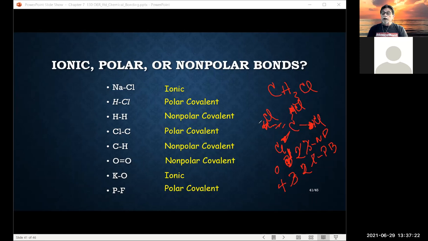You would think, okay, I have 4 polar bonds, so the molecule is definitely polar overall. However, because of the geometry and tetrahedral position, those 4 polar bonds cancel each other out, and we end up with an overall nonpolar molecule.